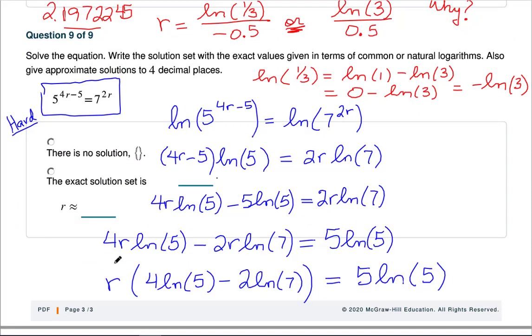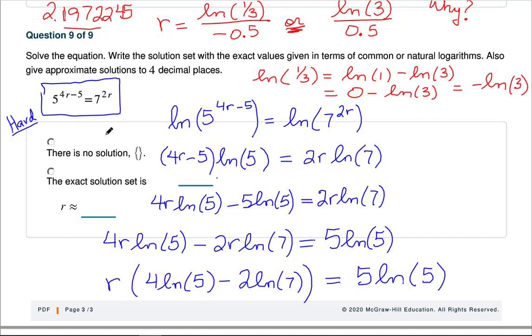All right, question 9 is hard. So you may have to look at it a couple of times to not get lost. The problem that makes it hard is I've got a base on both sides that's ugly. To solve it, we can use log 10 or natural logs.